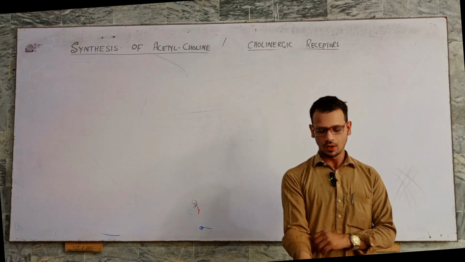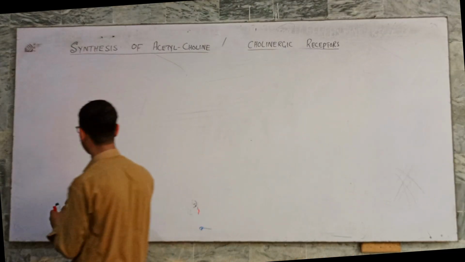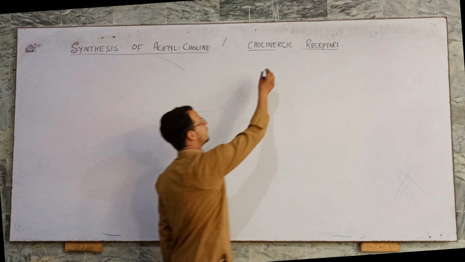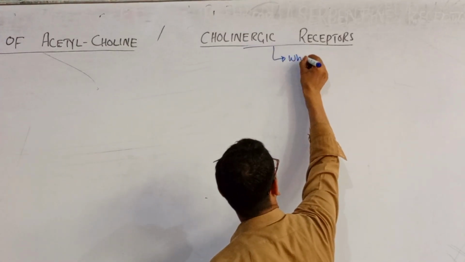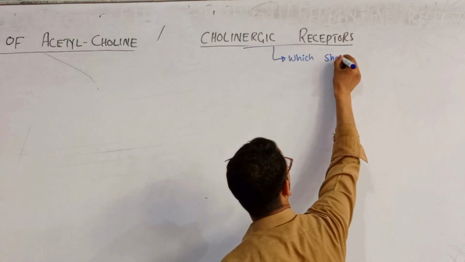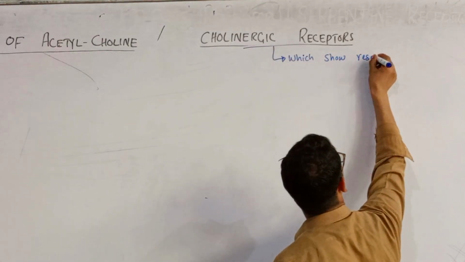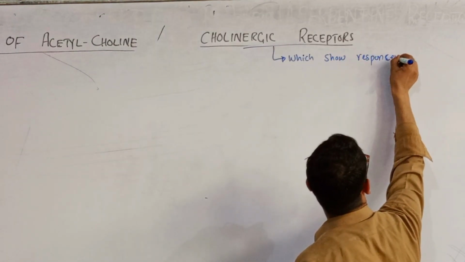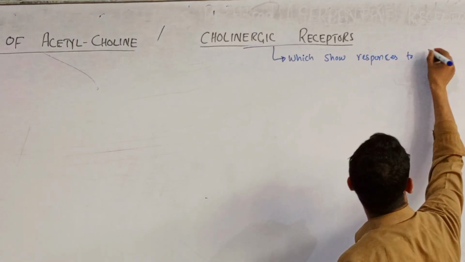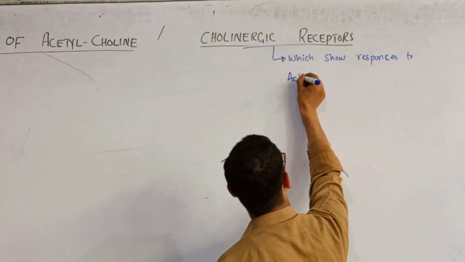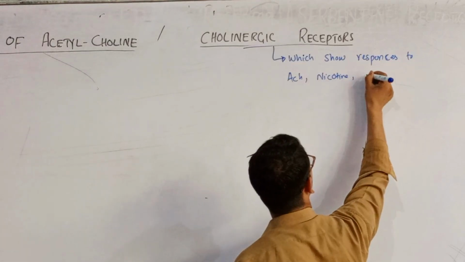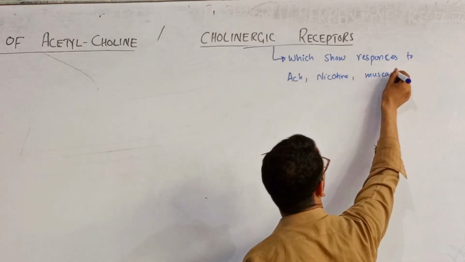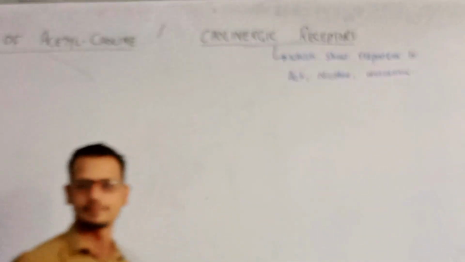Cholinergic receptors. What are cholinergic receptors? These are the receptors which show responses to acetylcholine, nicotine and muscarine.